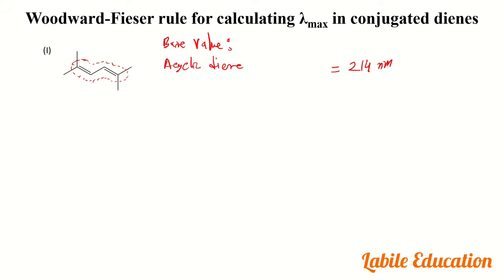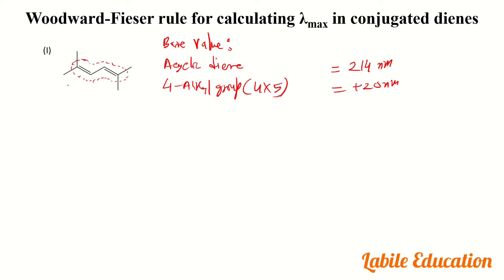When we are marking, these alkyl groups are at 4 places. So there are 4 alkyl groups. One contributes 5, so 4 will contribute a total of 20 nanometer.